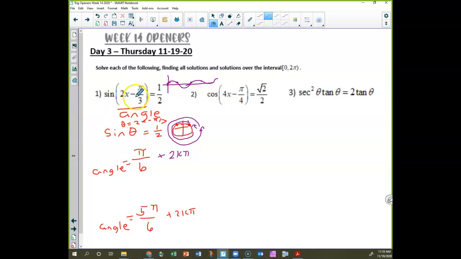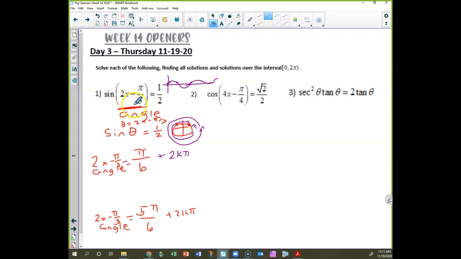Now, my angle is not theta, and if you call this theta, that's just fine. My angle is actually 2x minus pi over 3. That's what I'm going to solve to figure out what do I plug in for x so that this angle turns out to be pi over 6, or so that this angle turns out to be 5 pi over 6.